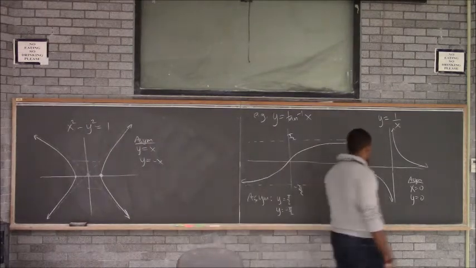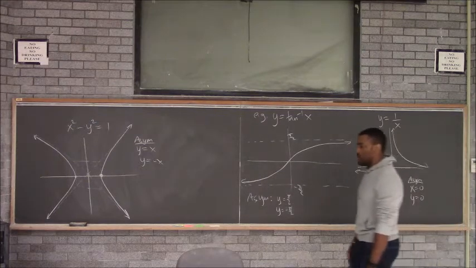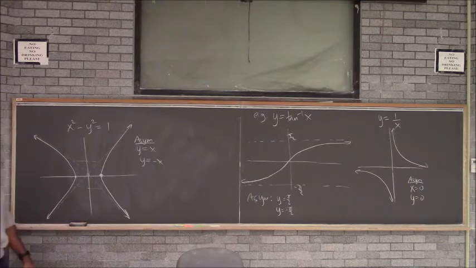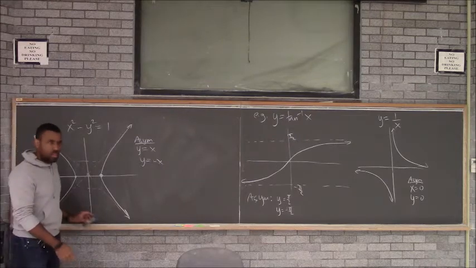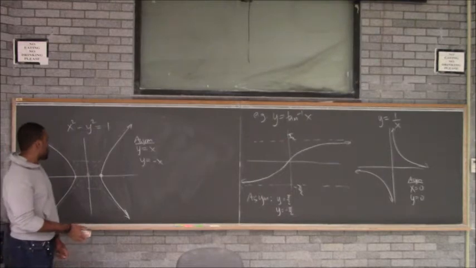So that is a behavior of a graph that will show up every now and then. We need to know when it shows up, and we need to know how to deal with it, how to actually sketch it, figure out what it means, that sort of thing. As you can see, we can have asymptotes of all kinds.